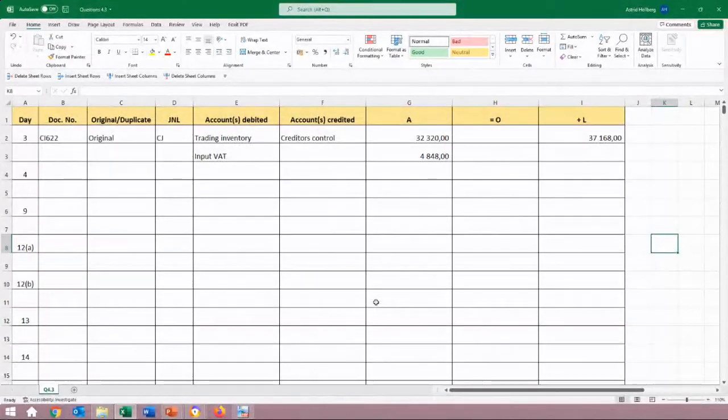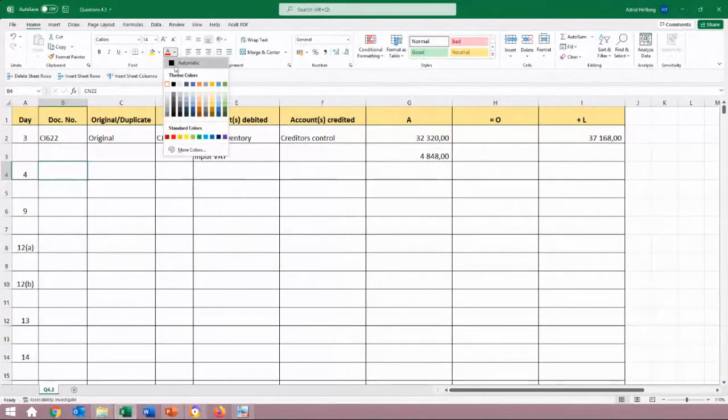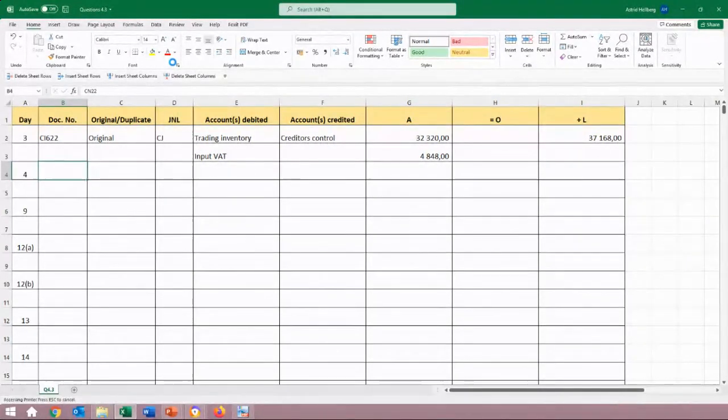Okay, so we said on the 4th, the document number, based on the information we read, was the PCV 17. So that is what you would fill in under the document column. Okay, wait.